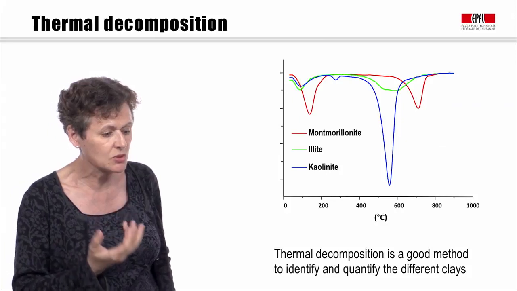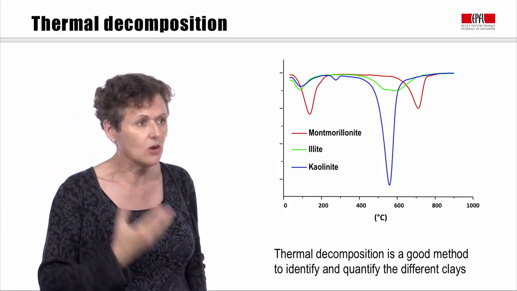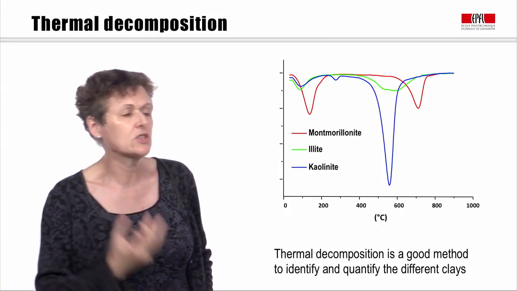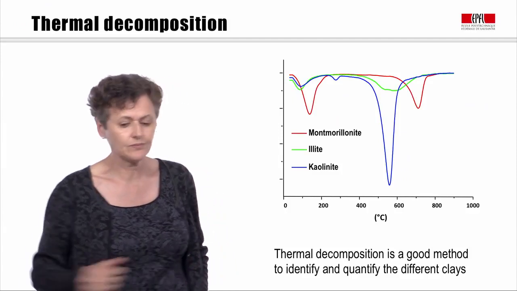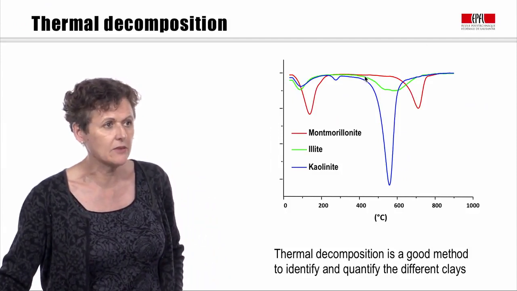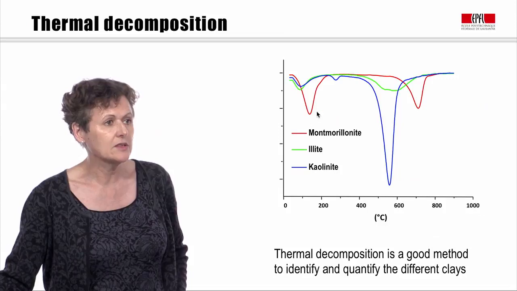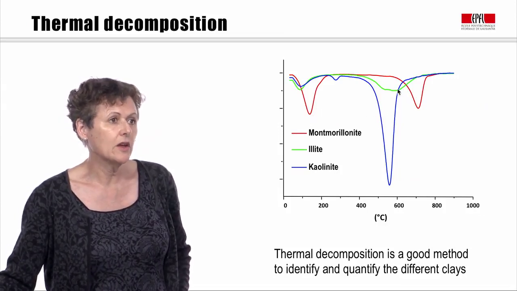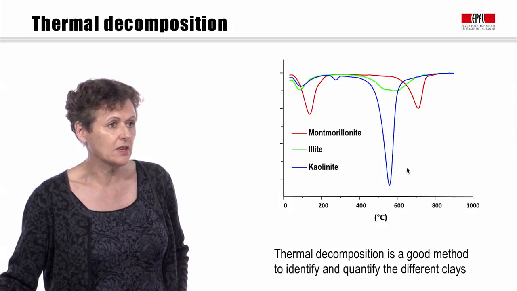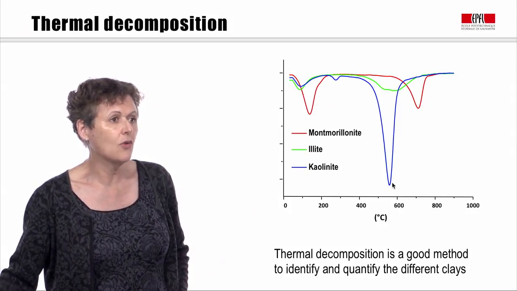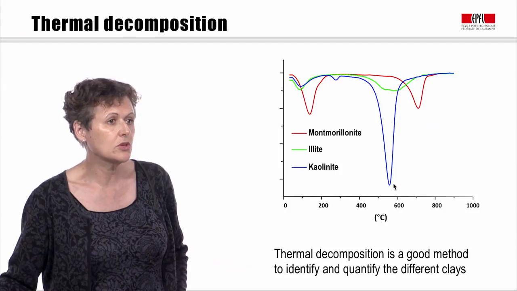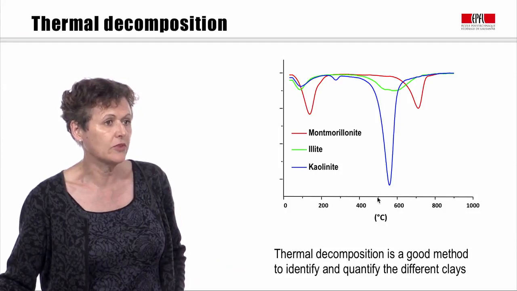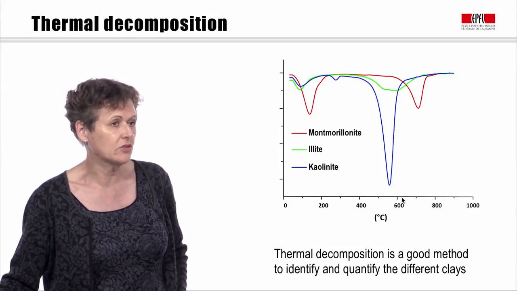And this heat is absorbed due to the loss of hydroxides from the structure, which is called dehydroxylation. And we can see that these different clay types have dehydroxylation in different temperature ranges. The clearest dehydroxylation is this one here for the kaolinite, which occurs between about 450 and 650 degrees.